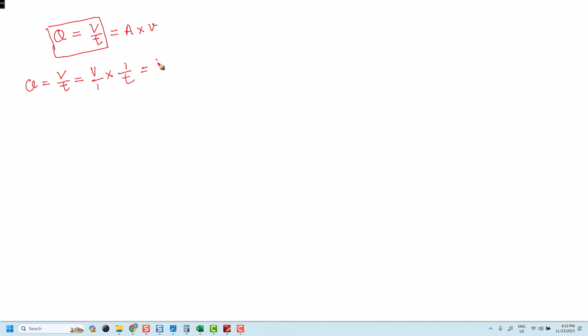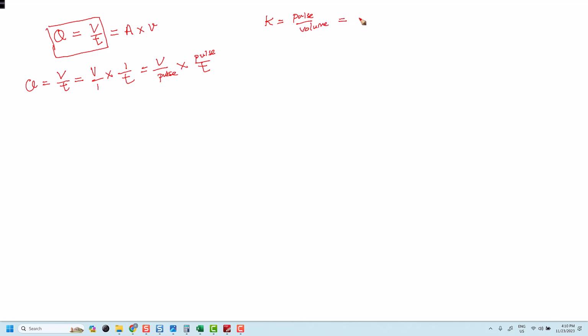And then volume per time can be rewritten in such a way that we can put in pulses over pulses here. As we know, when we cancel pulses, it becomes 1 over time and pulses over volume, right? So the K factor formula is pulses over volume.